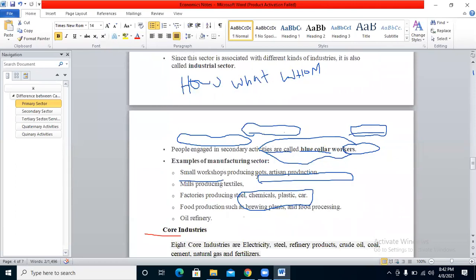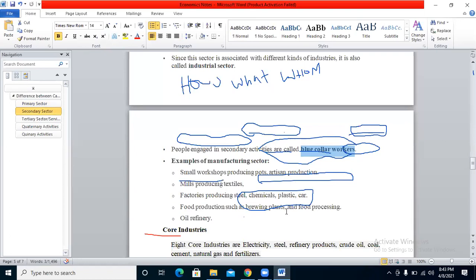You have to remember what a blue collar worker, a white collar worker, and a red collar worker are. Examples of the manufacturing sector are small workshop production, artisan products, mills producing textiles, and factory production of steel, chemicals, plastic, cars, and food.